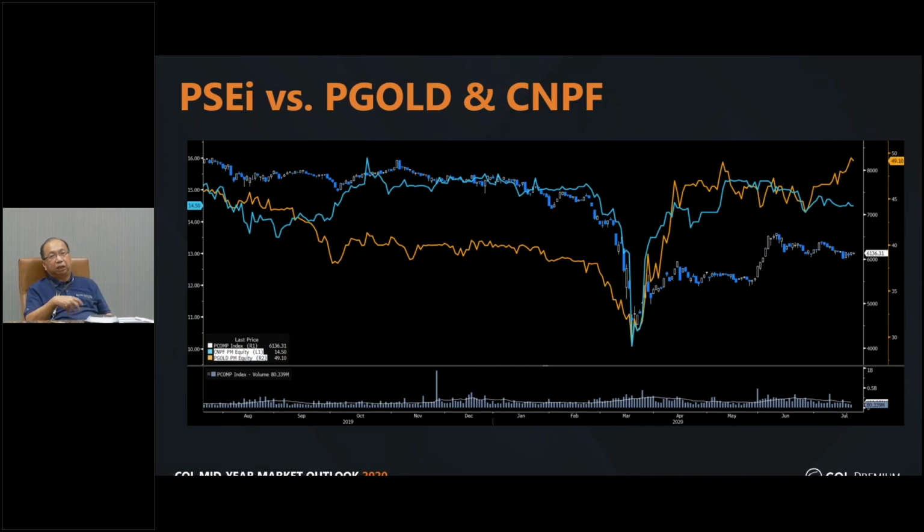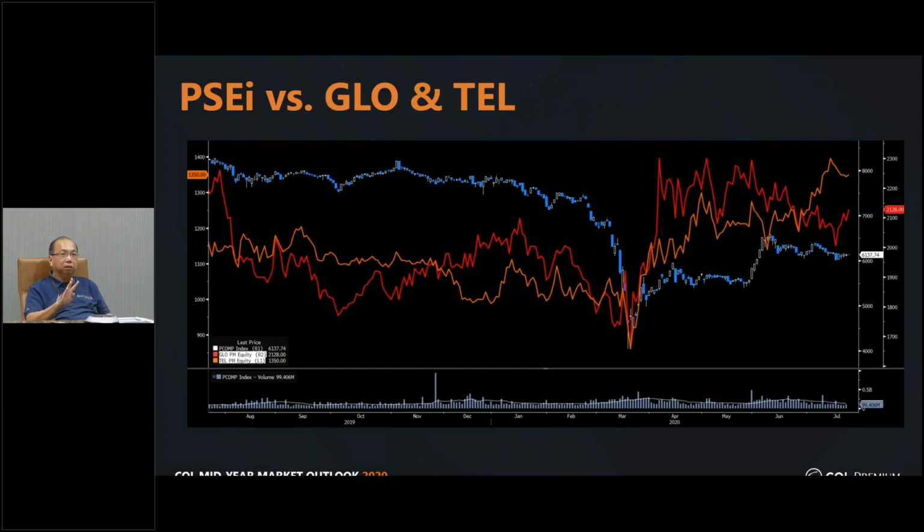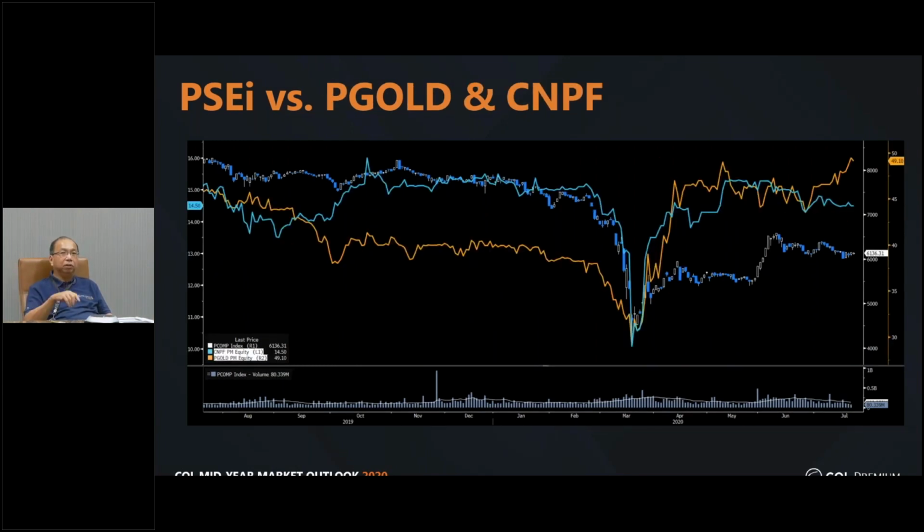While CNPF is traditional, it's essential. They're in canned goods, tuna canned goods, milk. So these are all essentials. And if you look at the index comparing between the two issues, you can see that it's outperforming the index itself. So my top picks are basically 2 telcos, Telephone and Globe, and then Century Tuna and Pure Gold. And let me close by sharing with you a quote.